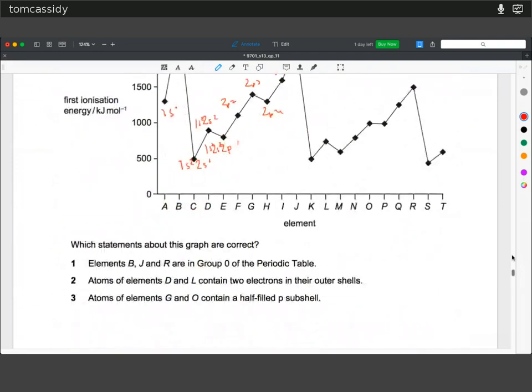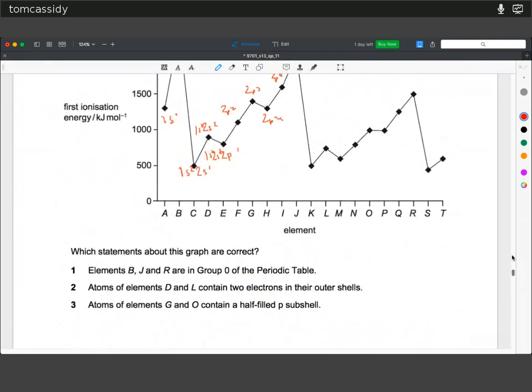B, yeah, they're in the inert gases, aren't they? They're in group 0. D, it contains 2 electrons in the outer shell. Yes, we've got 2s2, so that's correct.